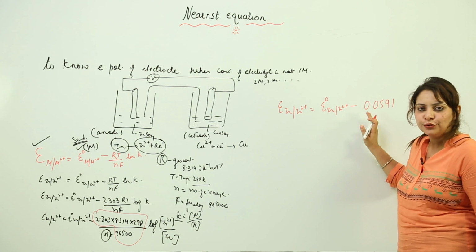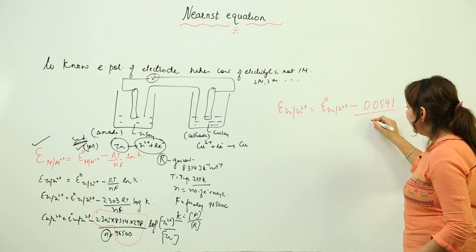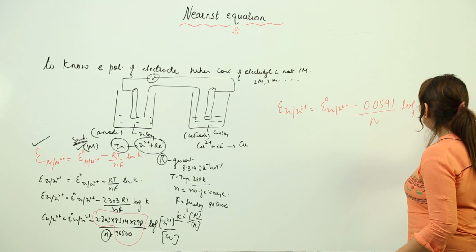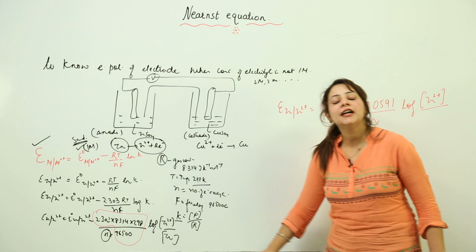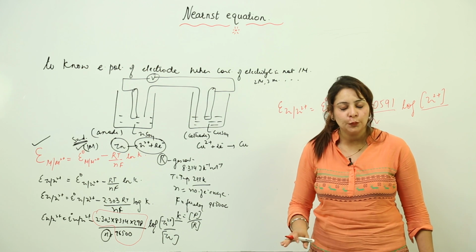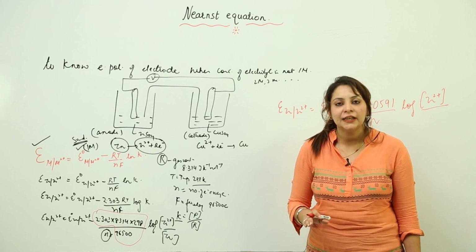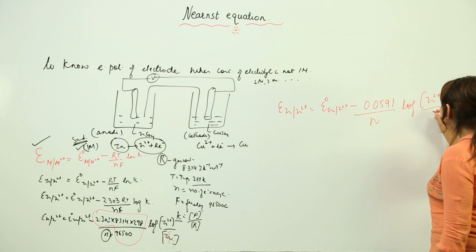It is always convenient to use the direct value. So it is 0.0591, n remains as such, and log of Zn2+ divided by Zn, and we know that the concentration of pure solids and pure liquids is always taken as 1. So I can neglect it, or I can write 1 in place of this.